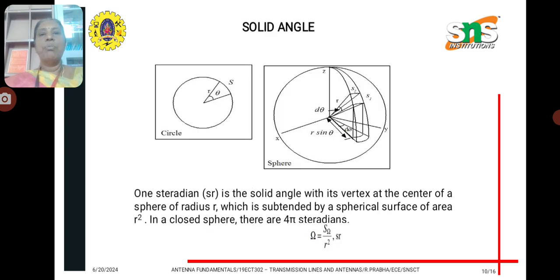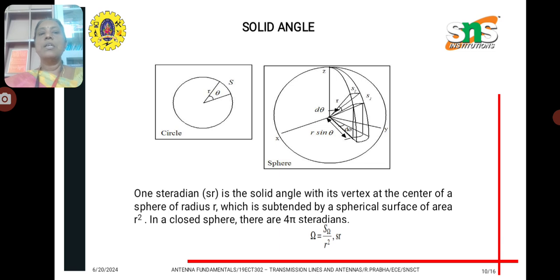Another important parameter in antenna is the solid angle, and its unit of measurement is the steradian. 1 steradian is the solid angle with its vertex at the center of a sphere of radius r, which is subtended by a spherical surface of area r squared.